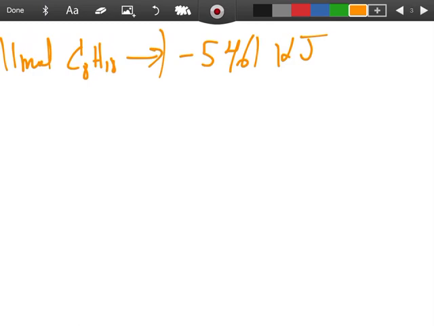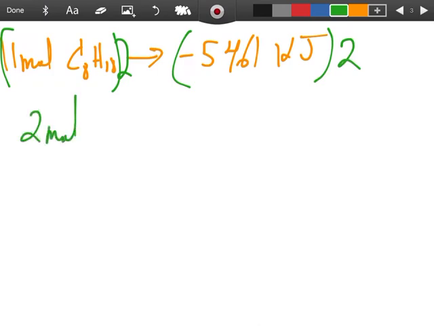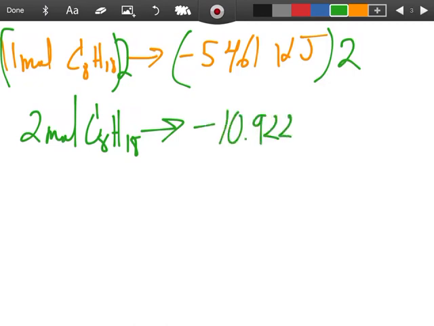that means that if I multiply this by 2, then I also have to multiply this by 2. Sorry, no, wait a second. If I multiply this by 2, now that is correct, I also need to multiply this by 2. Very well, so I would get for 2 moles of C8H18 a release of energy that is going to be minus 10,922 kilojoules, okay, and so on.